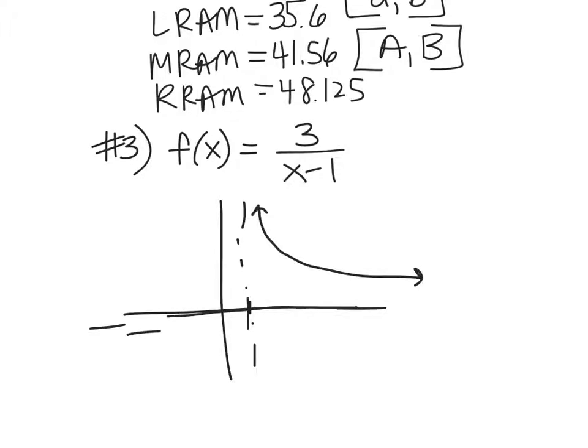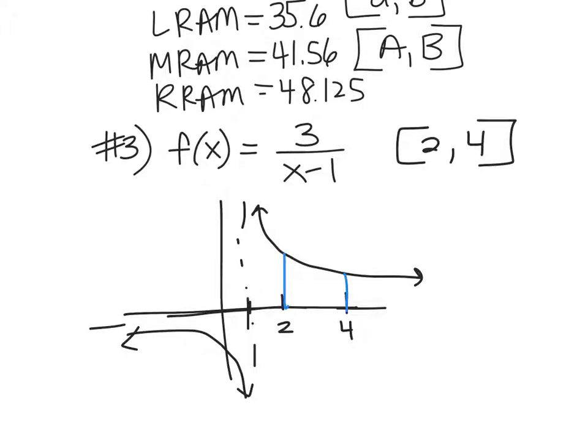We're going to find the area on the interval from 2 to 4. So here's 2 and here's 4, and what we're trying to approximate is the area here.